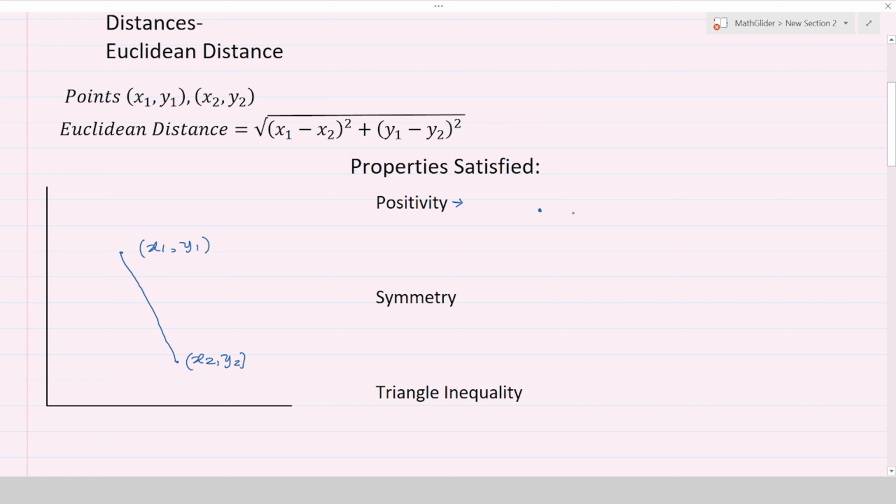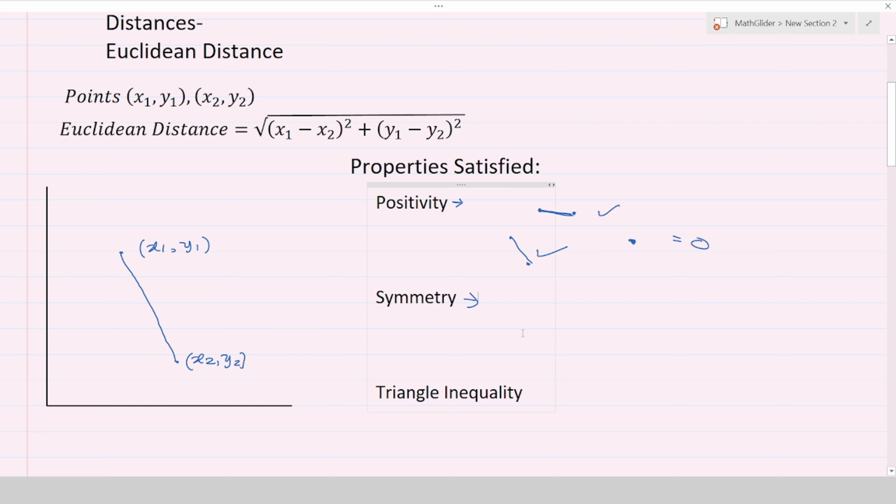Any 2 points you take, the distance will always be positive, unless it is between a point and the point itself. If we are checking the distance between this point and this same point, it will be 0. But for any 2 different points, the distance will be positive, since we are taking the positive square root of something.